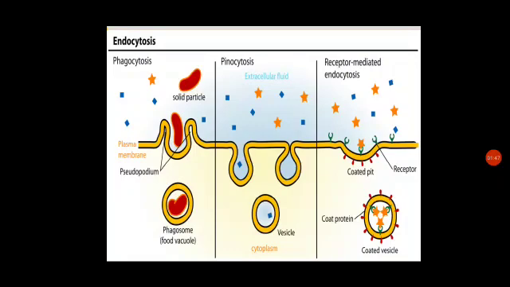And in pinocytosis, when liquid material or a liquid droplet comes close to the cell membrane, it is also engulfed by the cell membrane and taken inside the cell. So we can conclude that endocytosis is the cell eating and cell drinking process.